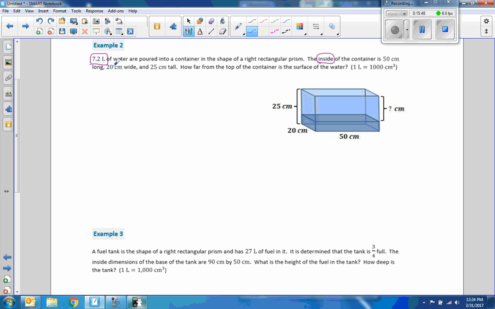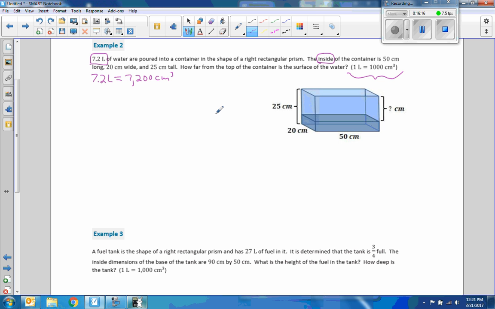So for starters, we're going to use their conversion here. 7.2 liters, if 1 liter is 1,000, 7 liters is 7,000, and 0.2 would be 200 cubic centimeters. So the first thing I need to do is convert to cubic centimeters, because this is in centimeters and our water's in liters. So we need a relative unit of measurement.